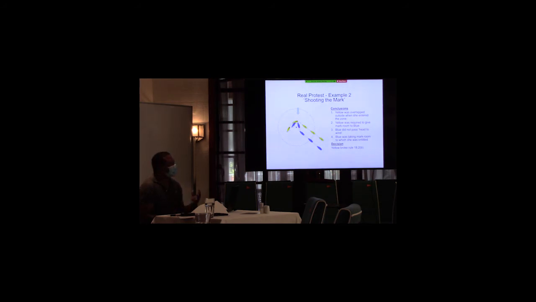We'd ask the yellow boat what told you that blue was passing head to wind, and we'd have to make a decision based on the balance of probabilities. So there is no onus of proof on one boat or the other to prove their case, but they have to provide as much information as they can in evidence that we can make a decision on. As the two boats come together, there's a lot going on, and people will not see exactly.